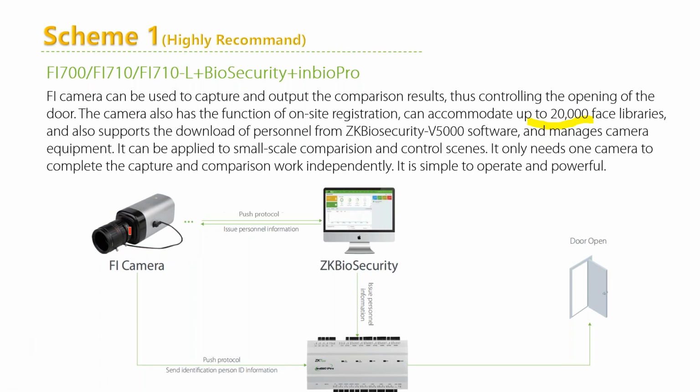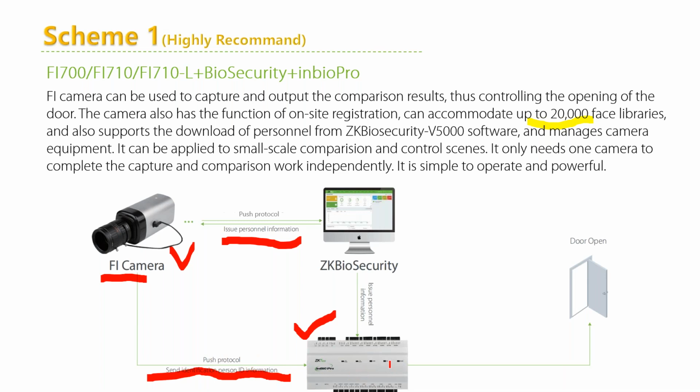And the principle is that the software sends personal information to the FI camera, and the FI camera performs the capture and comparison work of the face, and then sends the identification person ID information of the successful person to the controller.